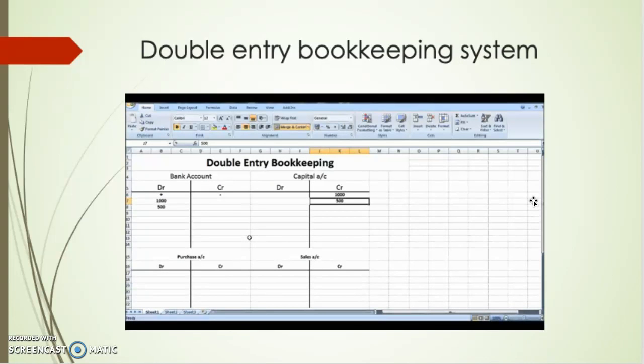Next, I will be talking about double entry bookkeeping system. This is a little bit different than single entry bookkeeping system. This can be done day to day or month as well. But with this, there are 2 entries to every entry that you put in. So if you enter in a transaction that happens to be on the debit side, you have to make an equal offsetting entry to a credit side.